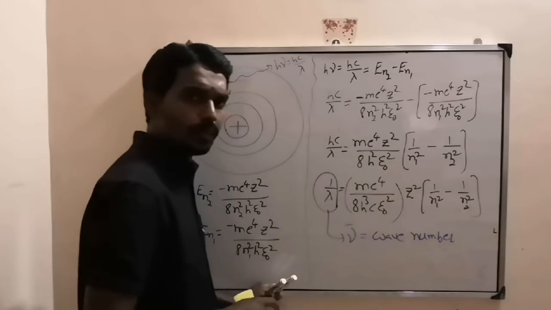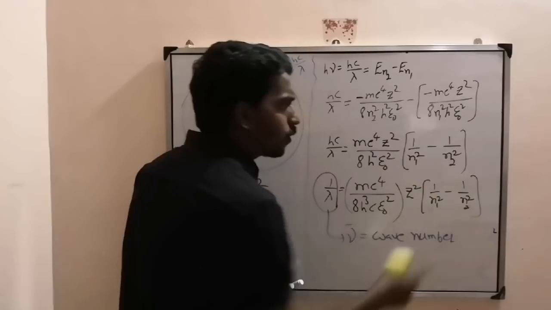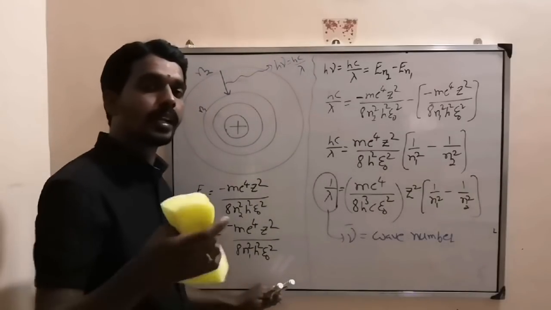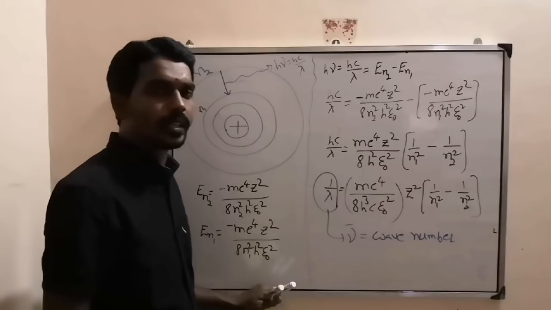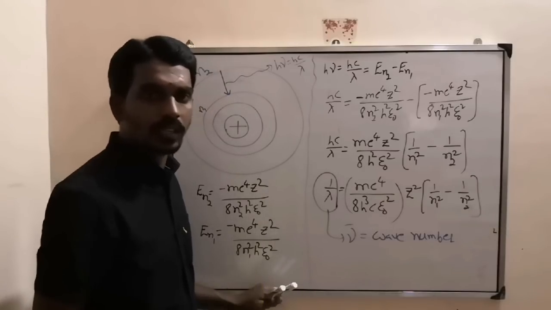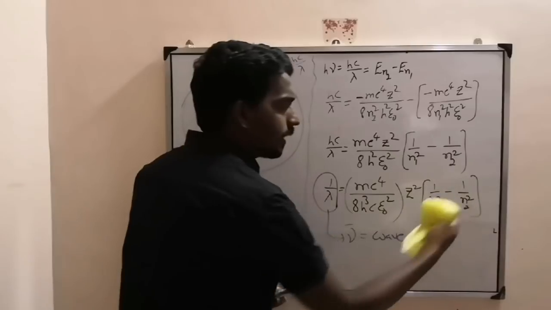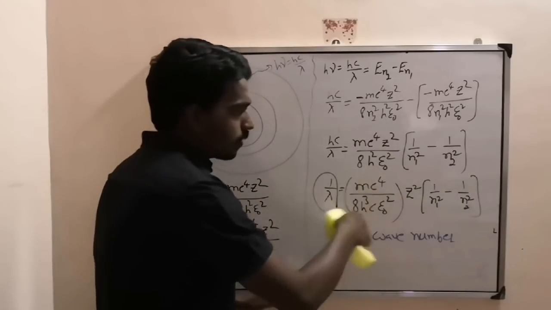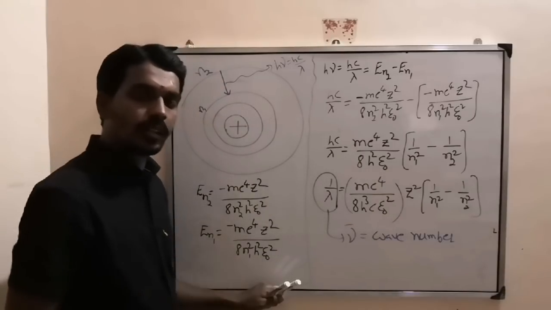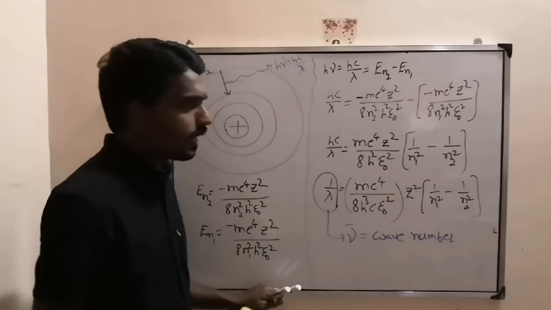Z is different for different atoms, and n1, n2 are different for different electrons, because we don't know from which orbital to which orbital it is taking transition. So n1 and n2 can be anything, Z can be anything. But these values are same for all the transitions and for all the atoms.